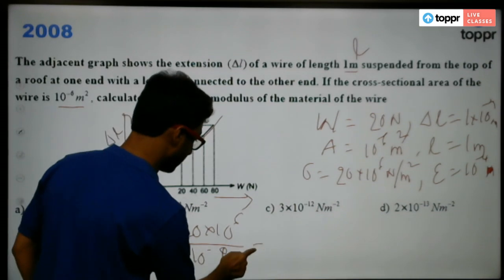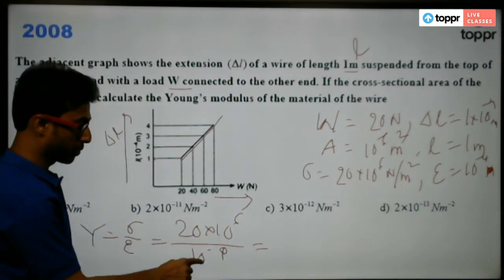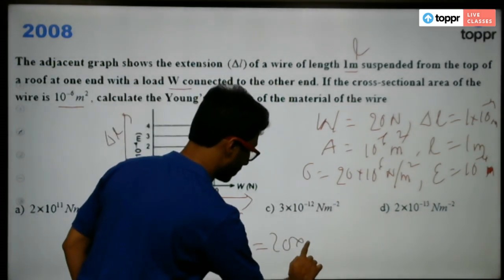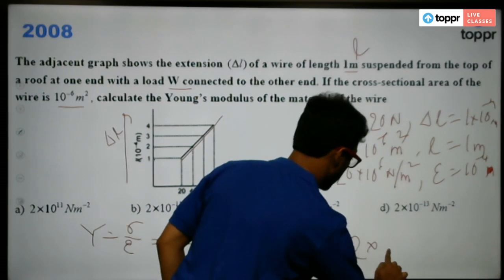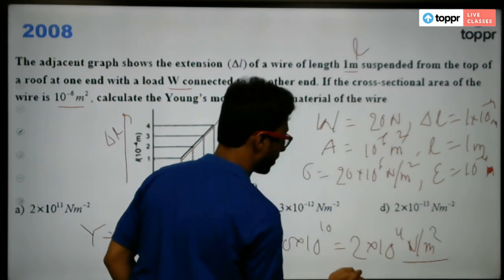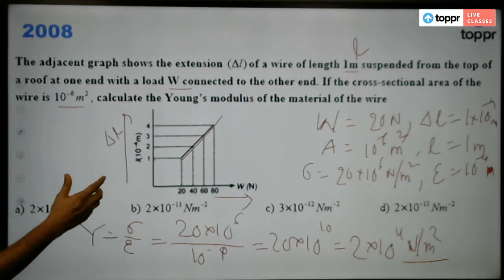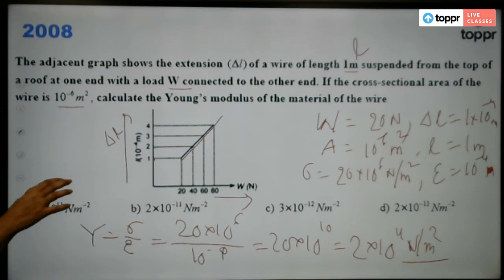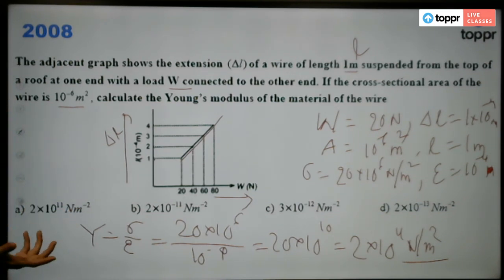So it becomes 20 into 10 to the power 10, that is 2 into 10 to the power 11 Newton per meter square. This 10 to the power 11 Newton per meter square is the standard order of Young's modulus of many of the metals.